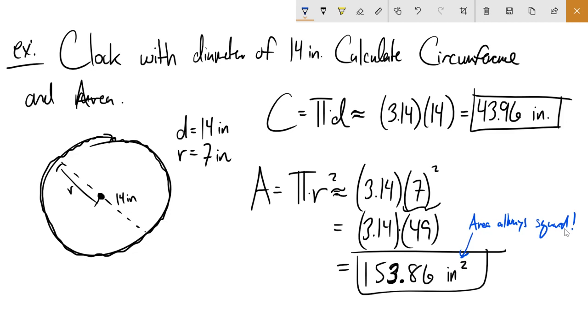You're just traveling in one direction. But an area is what? An area is two-dimensional, right? So a line is just how far you travel across it. An area is how much you have to cover in two dimensions. And so it's always squared.